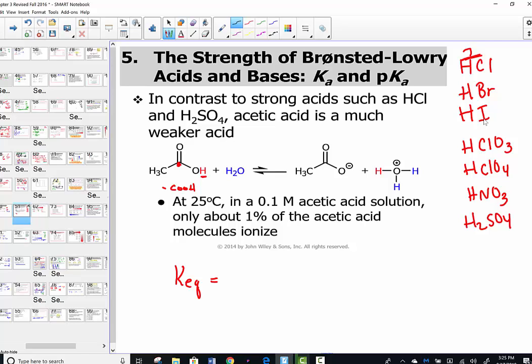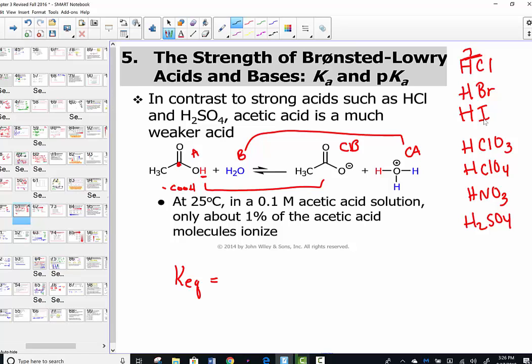Water is acting as a base, acetic acid as the Bronsted-Lowry acid. When it transfers a proton, acetate ion is the conjugate base that results, and the hydronium ion is the conjugate acid that's formed when the proton is accepted.